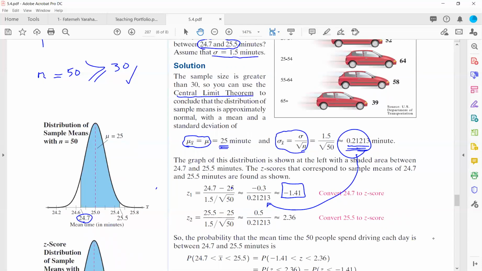Now, for the second x value, we have to transform this into a z value. Z is equal to x minus the mean divided by the standard deviation. 25.5 minus 25 divided by the standard deviation, which is 0.2113. The second z value is 2.36.